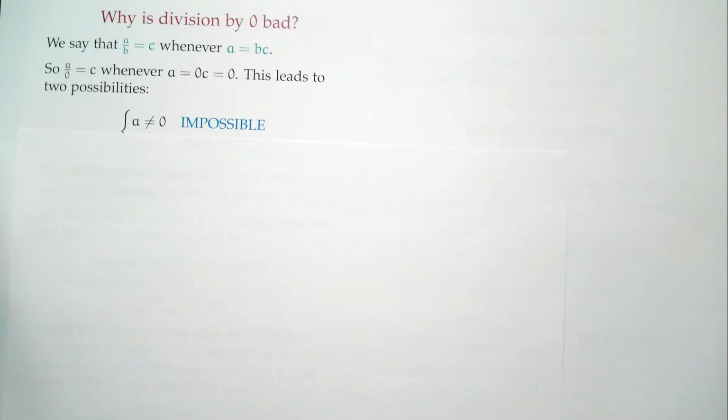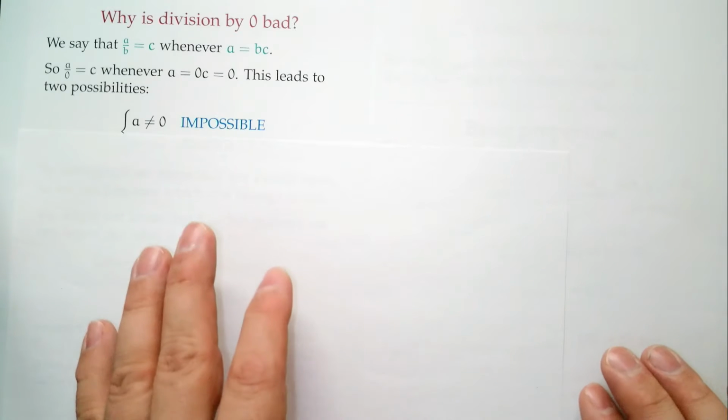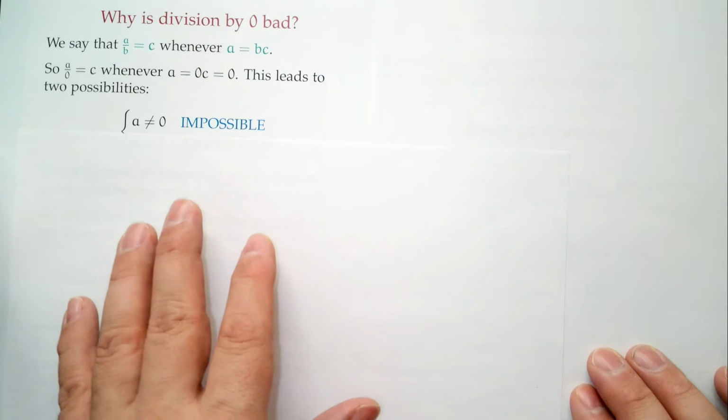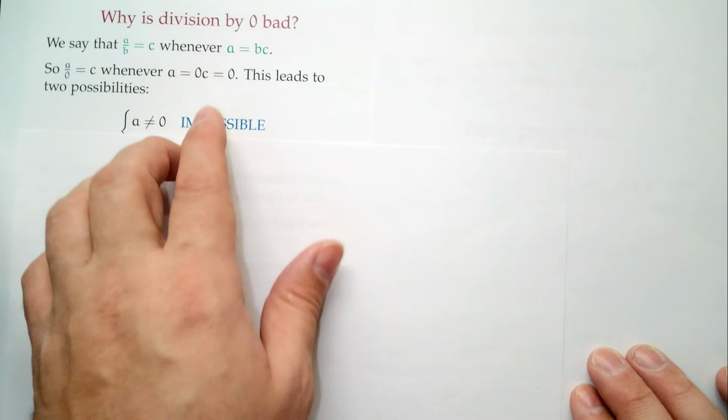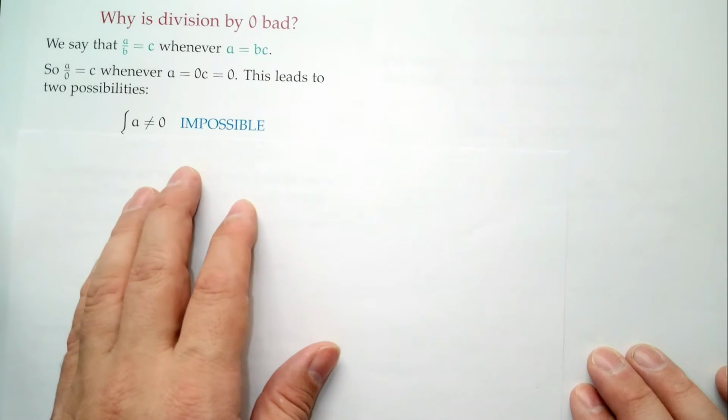But what about the other case? What happens when A is 0? Then we're perfectly fine, right? Because we said A should be 0. So what's the issue? Well, the problem is, if A is 0, what do you choose for C?